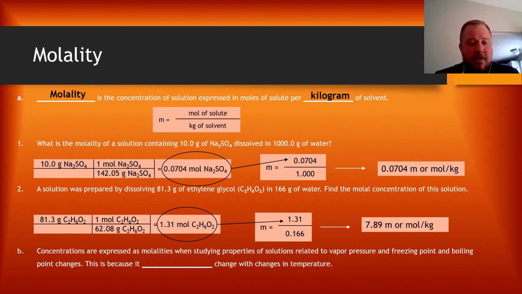At the bottom here, it says concentrations are expressed as molalities when studying properties of solutions related to vapor pressure and freezing point changes. This is because molality does not change with changes in temperature. So that's why molality is used.